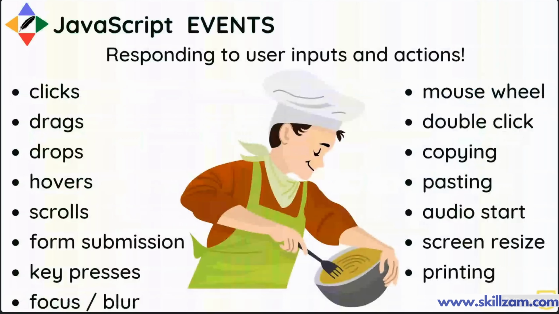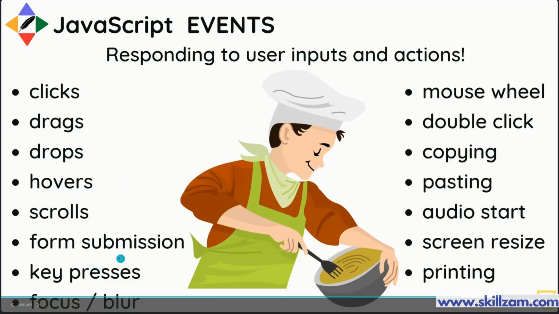There are a lot of events as part of the DOM. Like clicking of a text or a button, drag and drop, hover, scrolling down and up, that is also an event. If you submit a form, that is an event. If you press any key on your keypad, that is an event.